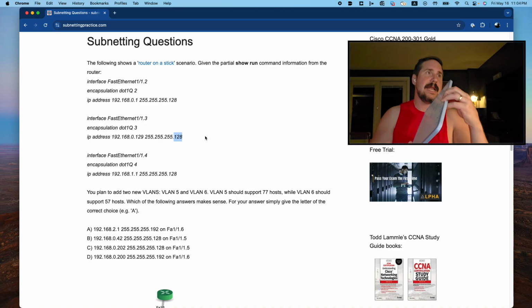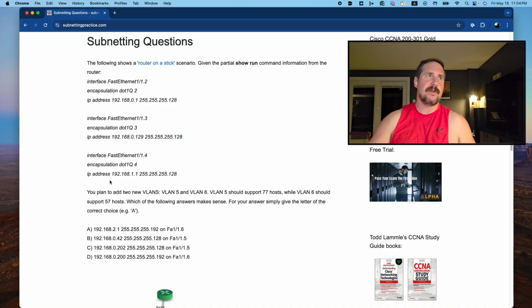There's nothing remaining. All right, so we can't use any more of it. We need to create a different one. So that's what happens here. 192.168.1.1, and it's got a subnet mask of 128 in the fourth octet. So that means our range is 0 to 128.